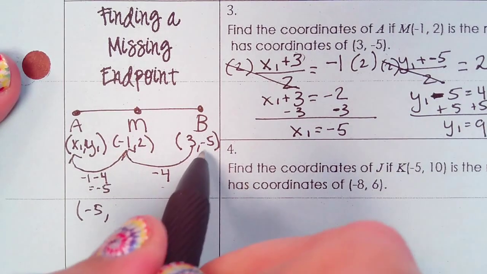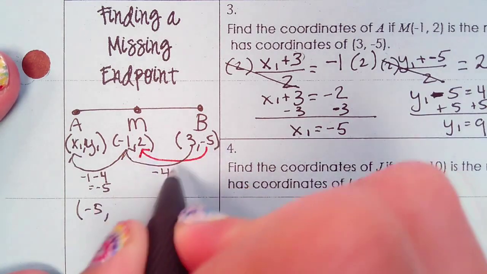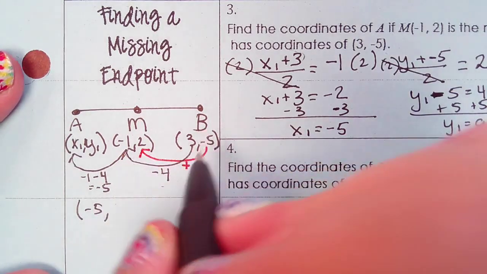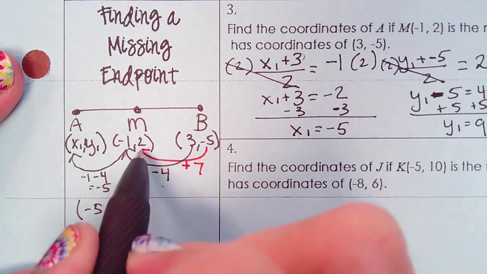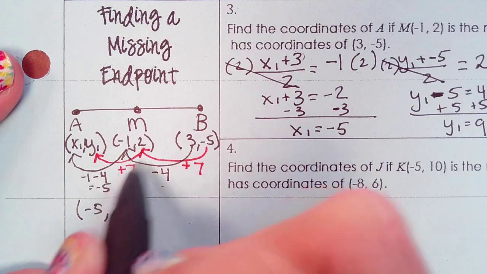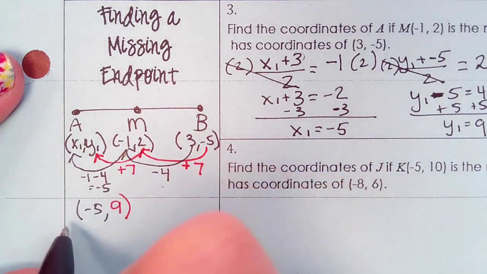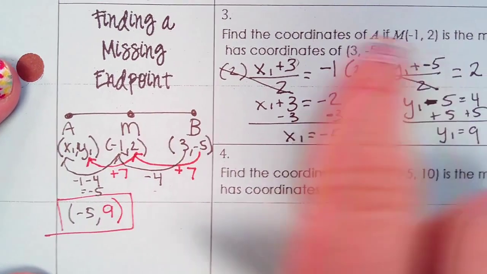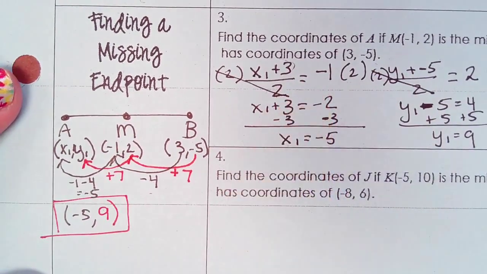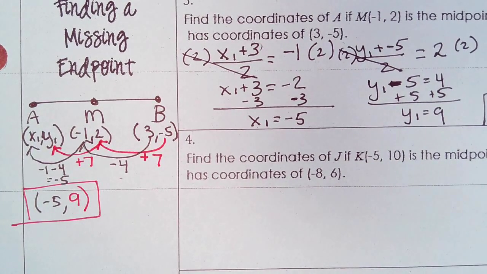Then for the y's, -5 to 2, I'm going from negatives to positives, so I'm adding here, and I added 7. Now I need to add 7 to get here. So it's 2 plus 7, which is 9. Now, some people might find this easier, some people might find the formulas easier. Either way is fine. I'll do one more doing it both ways. And the last one, I'll just show one of the ways.